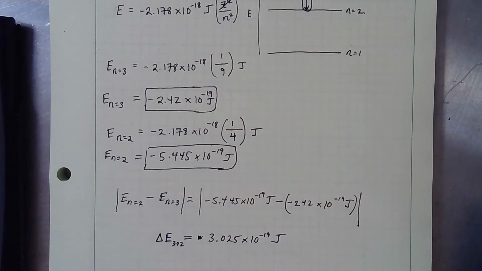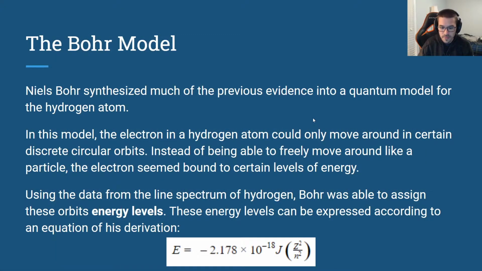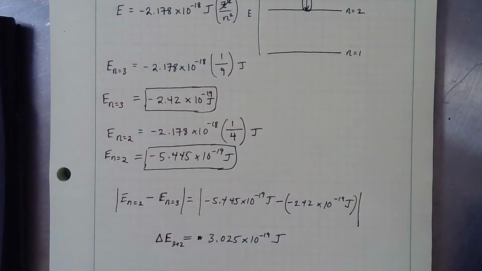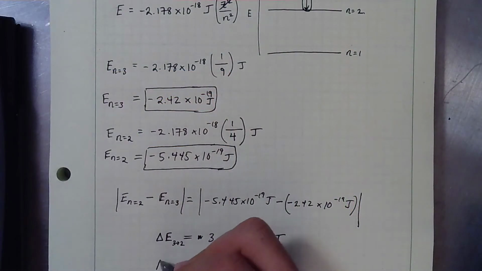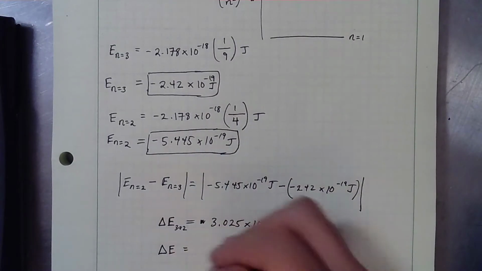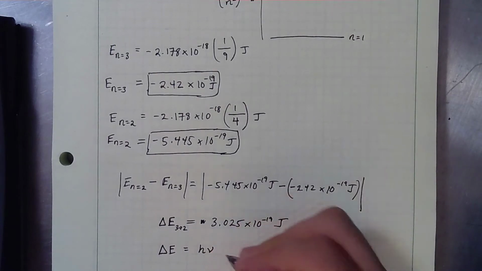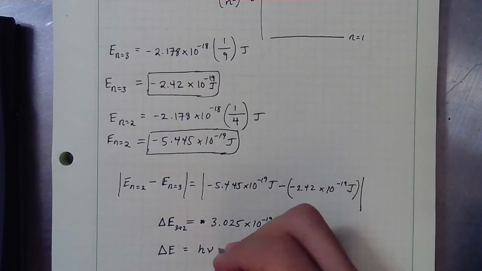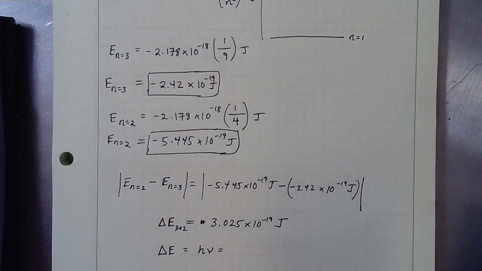This is where I'm going to pull you back to the slides. On the previous slide here, I have an equation. Let me go ahead and write this down on my paper. This equation tells us that the change in energy is equal to h nu, where this little letter here means frequency, and frequency is just equal to the speed of light over wavelength.